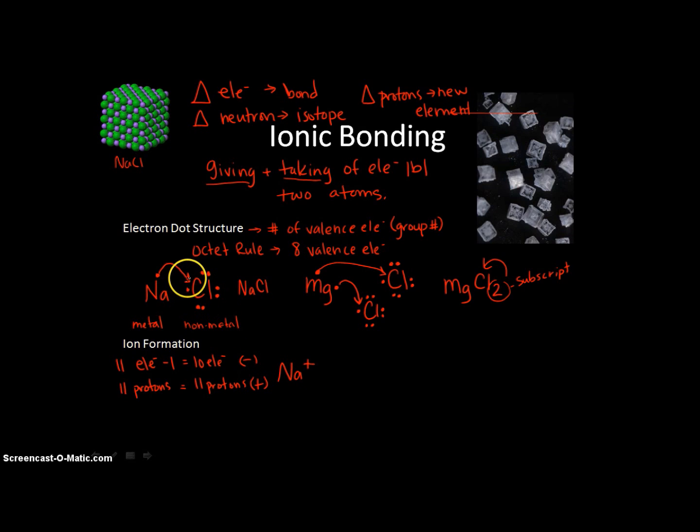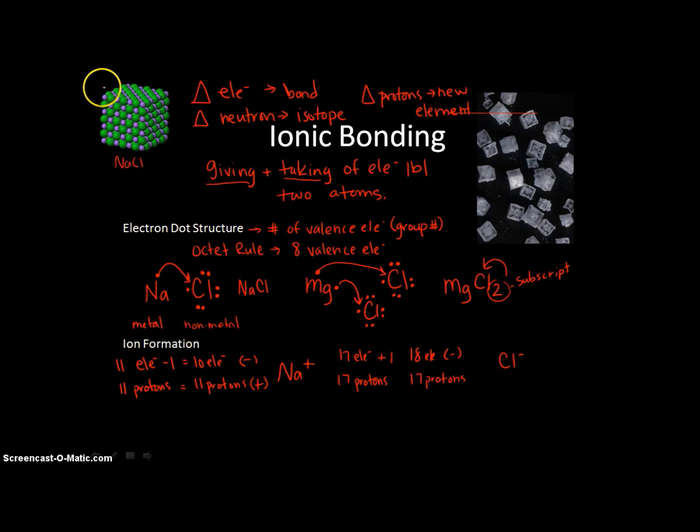Chlorine started out with 17 electrons and 17 protons, because they're always neutral before, and then it gained 1 electron. So now it has 18 negative electrons and 17 protons, so chlorine's overall charge is going to be negative. This positive to negative attraction is essentially what holds these ionic bonds together.